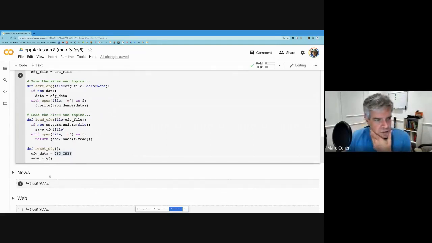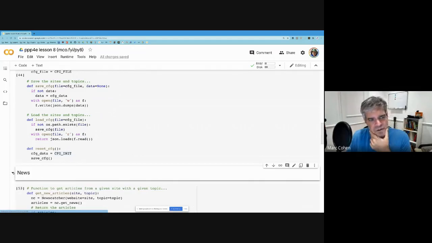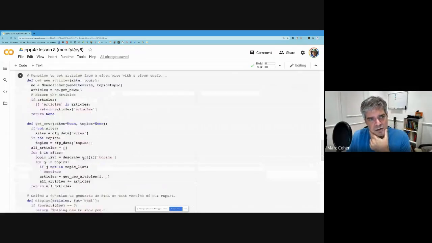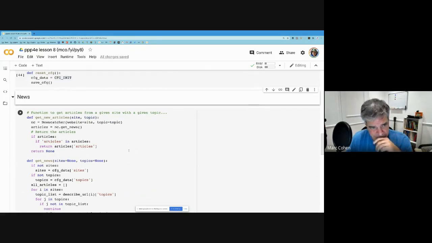Now the next module I divided things up into, I called news. And this is all the functions related to actually getting the news feed. So these should also look familiar. I'm not going to walk through them because we visited them last week and the week before. Get new articles gets the news feed for one particular site and one particular topic.